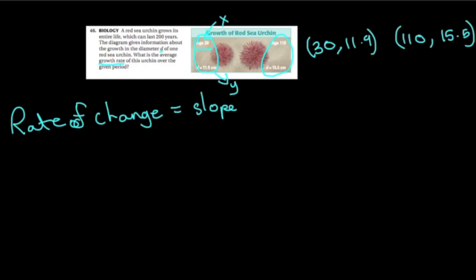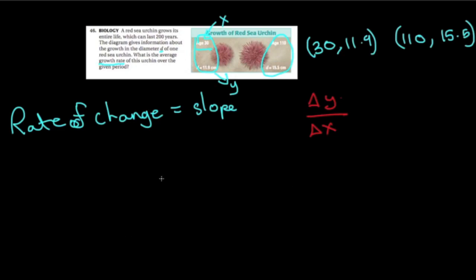Let's do red again. Now we need to put these in our basic formula, which was change in y over change in x. The triangle means change, by the way.